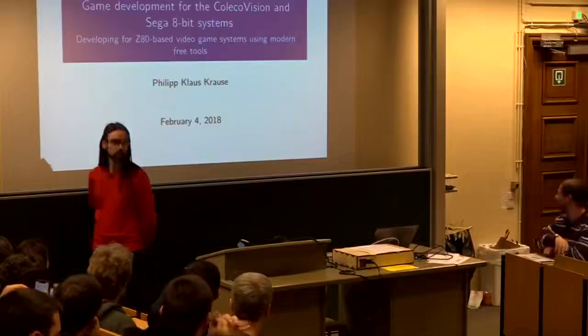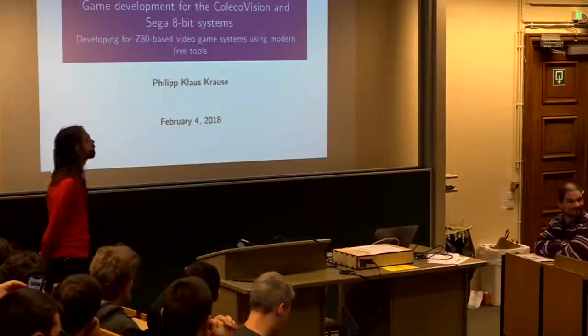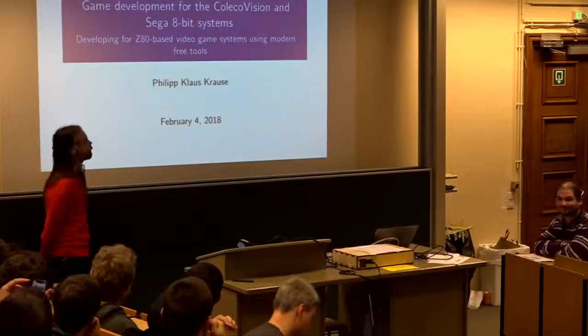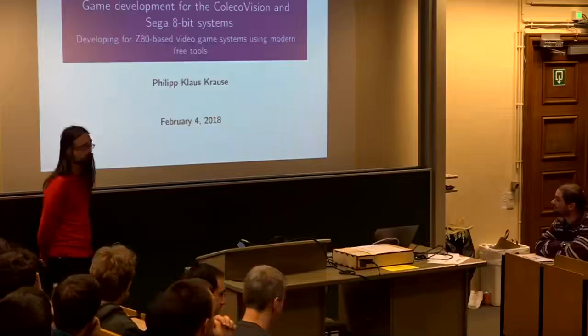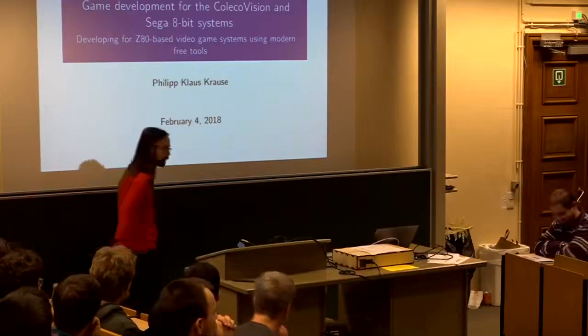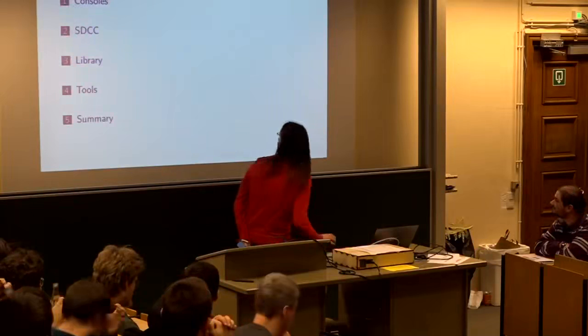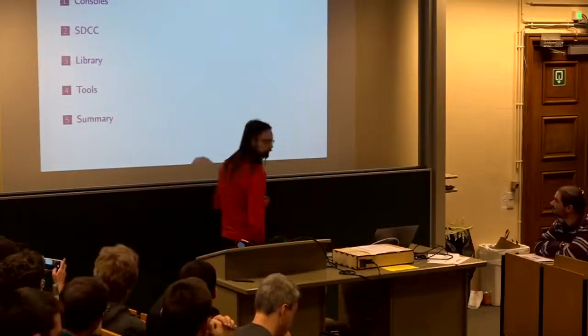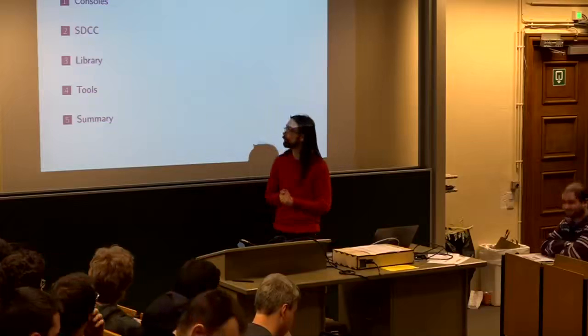So I'll talk about game development for some 8-bit systems, the ColecoVision and the ones made by Sega using modern free tools. I'll say a little bit about the devices, the hardware, and maybe a bit about the community first.